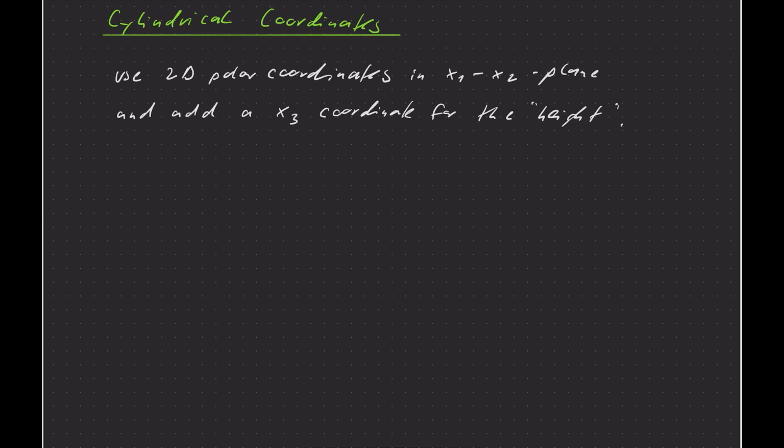Okay, that looks like this. Let's say this is the x3 axis. This is our x2 axis, our x1 axis here. And let's say we have a point somewhere here. So that's our point T.